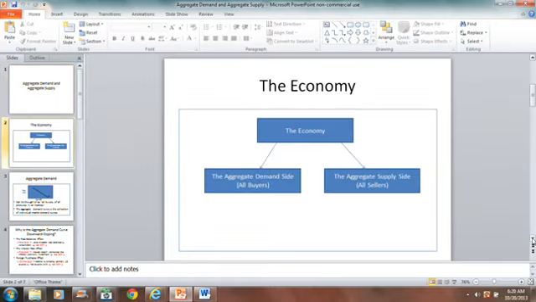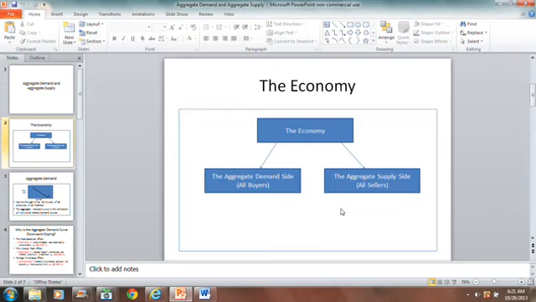Again, the economy, just like a market, has two sides. A market has a demand side, a market has a supply side. And since the economy is the collection of all markets, we can say that the economy has an aggregate demand side, which will look at the demand for all goods and services, because we're combining all markets together. And it also has an aggregate supply side, which looks at all collective production activity in the economy by sellers.